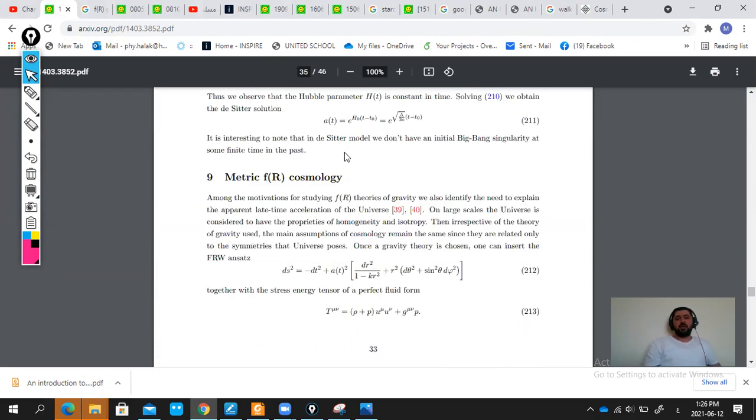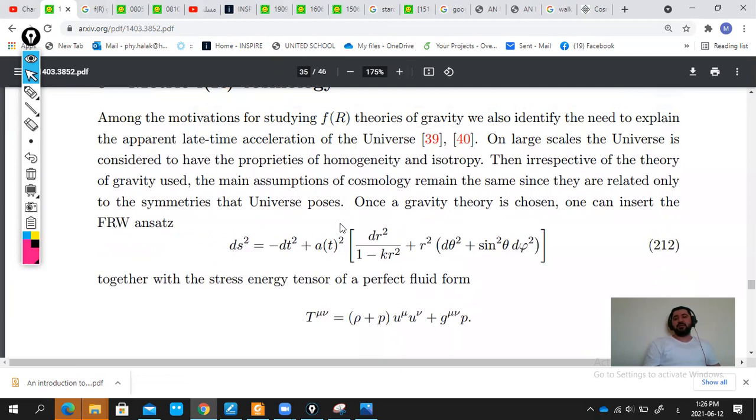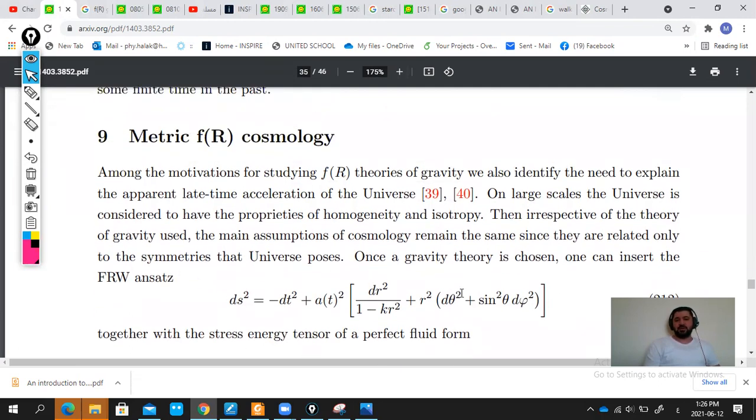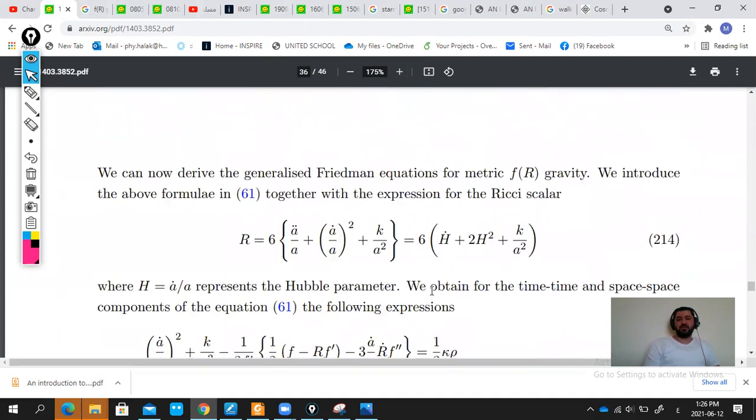This is metric f(R) theories. Again, this is the FRW metric, Friedman, Robertson, Walker, for perfect fluids.